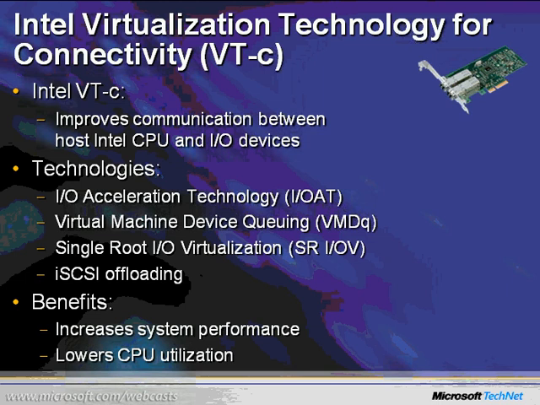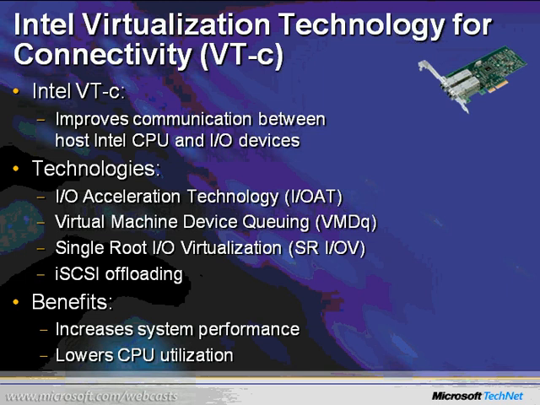So VTC, the virtualization technology for connectivity, as we said, really is designed to improve communication between the Intel CPU and the I/O devices that are running network I/O. From that standpoint, through its acceleration technology, it offers great benefit to have VTC-enabled network cards in your Windows Server 2008 Hyper-V hosts.